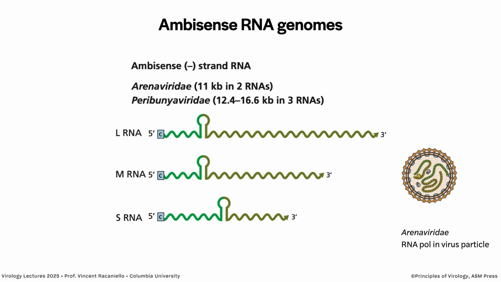They're officially negative strand viruses because there is an RNA polymerase in the virus particle. And that is because when these RNAs infect cells, not enough can be translated to get the infection going. So it has to be copied by an RNA polymerase.